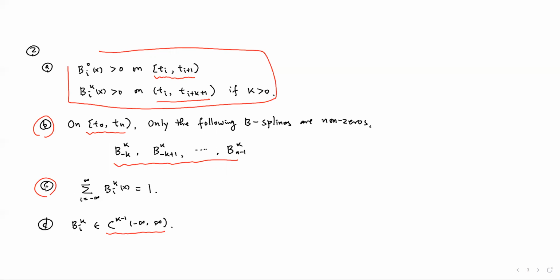Property C says that if you sum up all the B splines, the sum is equal to 1, but only these functions are non-zero when x is in this interval. Then actually the left side is a finite sum, summation I from negative k to m minus 1 of b I k x, which is equal to 1, when x is in this interval.